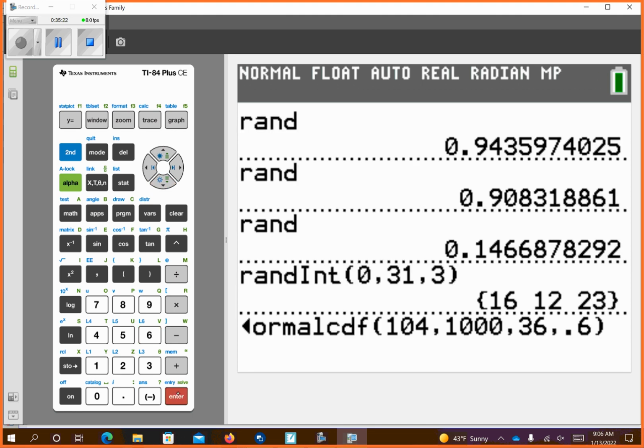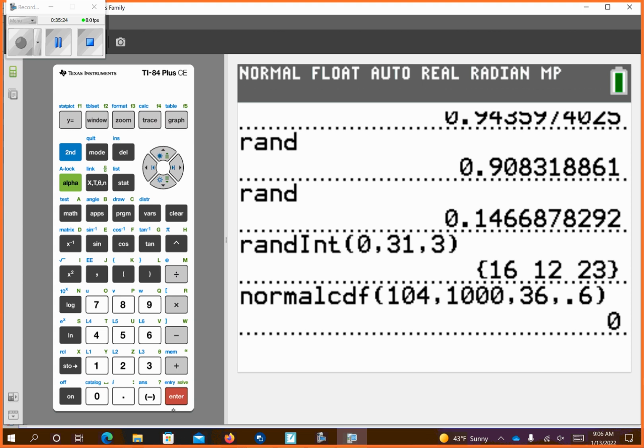If I do this, it gives me 0. Now let me ask you this. This is coming out to 0. Is the calculator going to get to a point where it's so many zeros that the calculator is eventually going to say it's got to be 0?